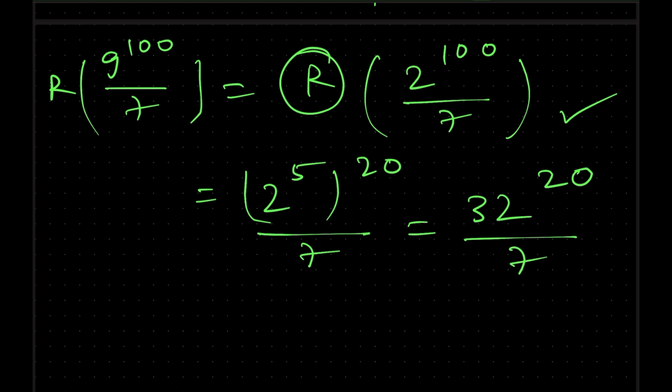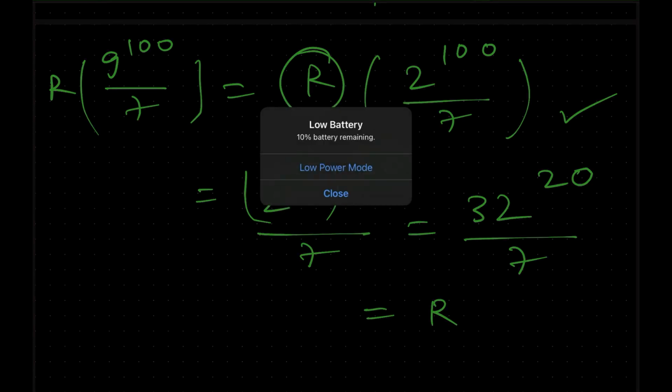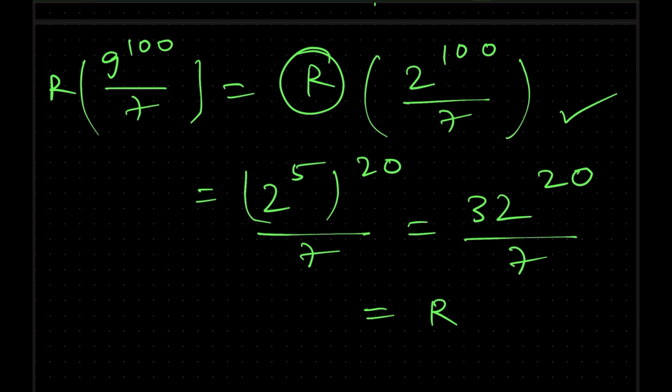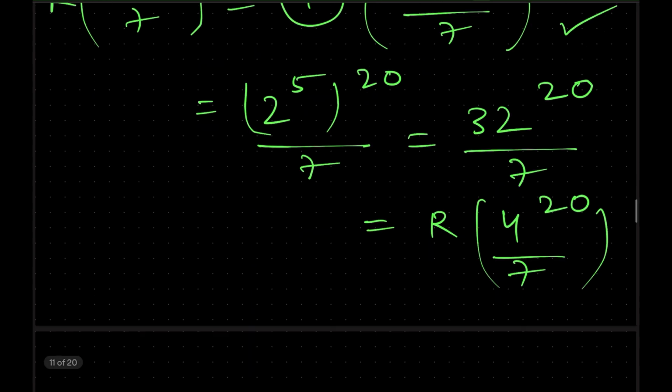Again, when we divide 32 by 7, we get remainder 4. So it will be equal to the remainder given by the expression 4 to the power 20 by 7.